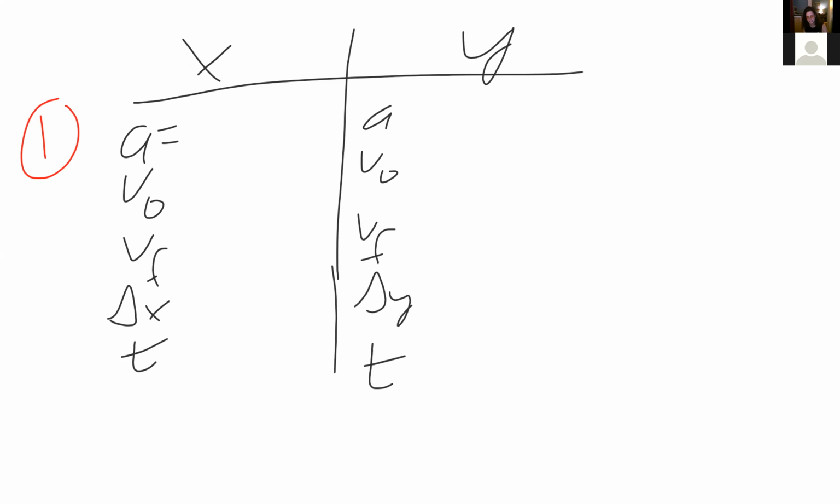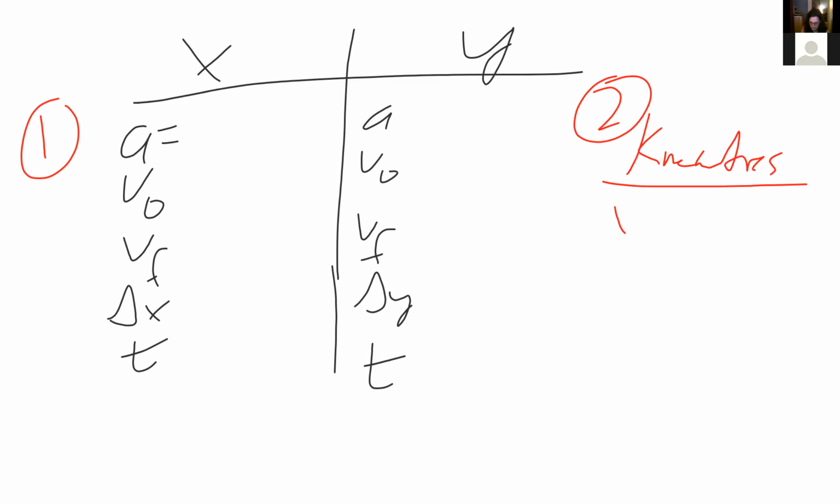So you list out all your stuff, generally in the first step. Second step then would be to do your kinematics, just like you do in a 1D motion problem. You do your kinematics for x and for y separately.